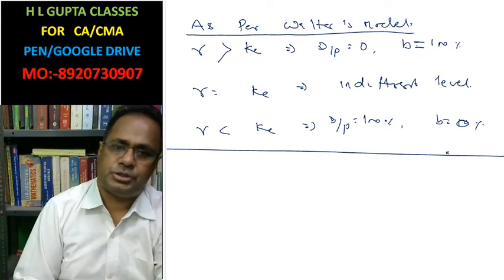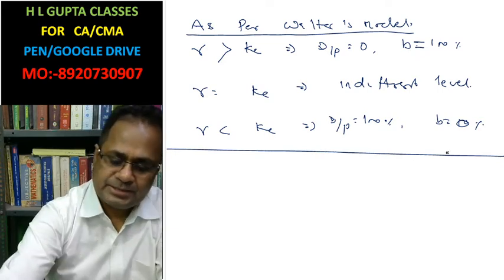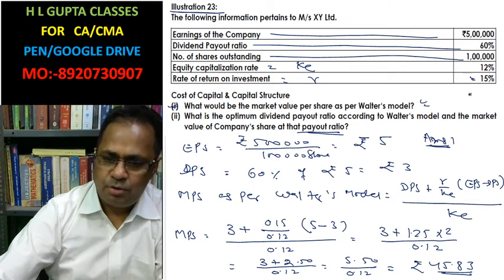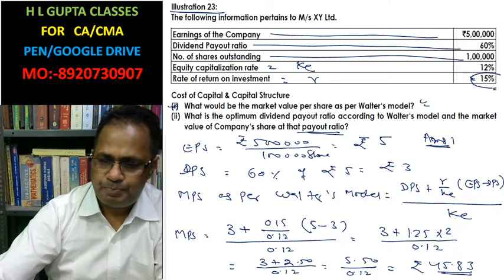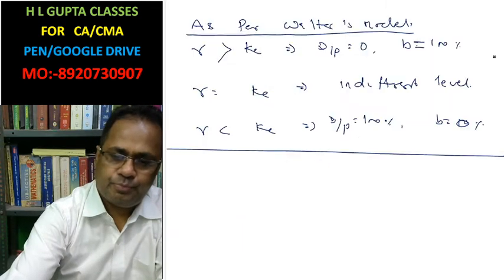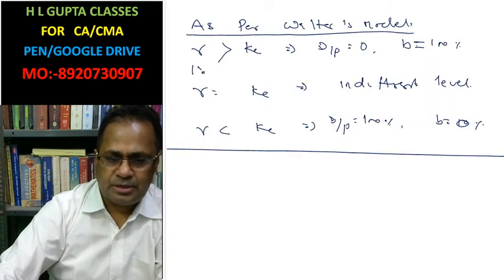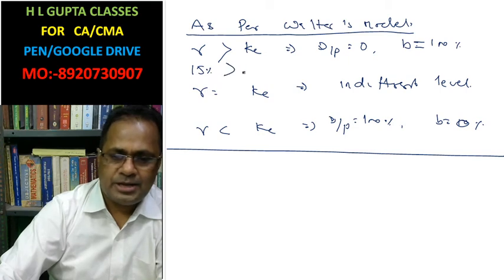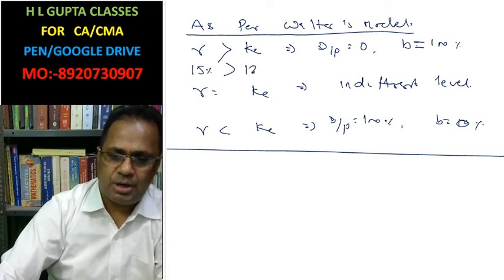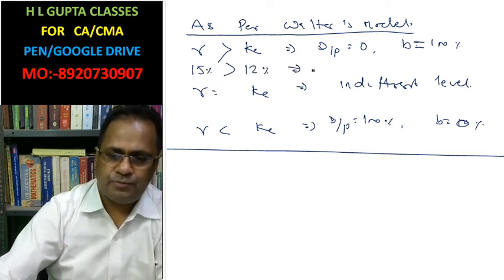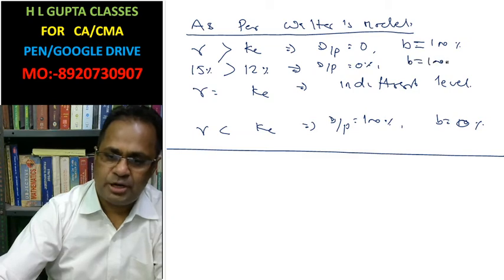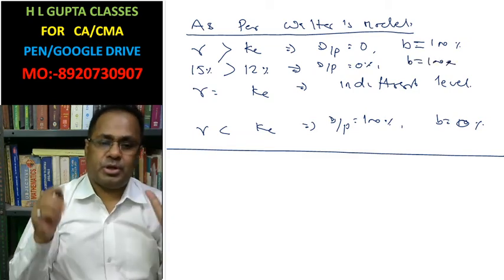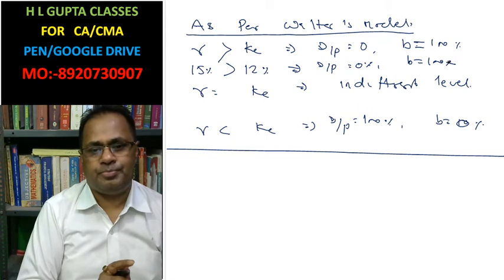In the given case, R equals 15% and cost of equity equals 12%. The 15% is higher than the cost of equity of 12%. Therefore, the dividend payout ratio is 0% and the retention ratio should be 100%. This is the optimal dividend payout ratio.